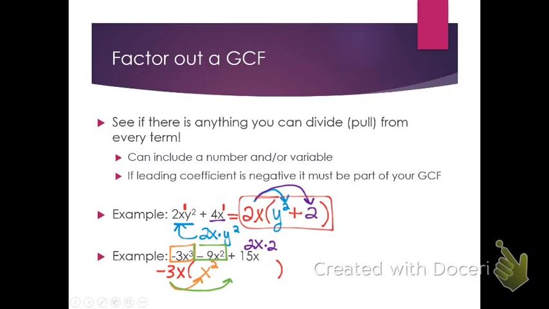Well, -3 times +3 equals -9, and x times x equals x squared. And then I ask myself, -3x times what equals +15x? -3x times -5 equals +15x. So this value, after I take out the GCF of negative 3x, is what factored form looks like.